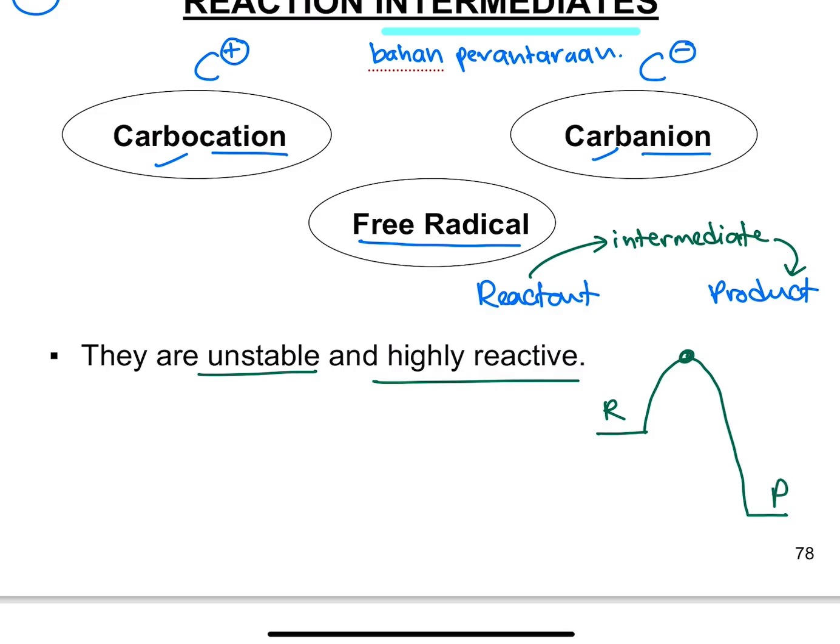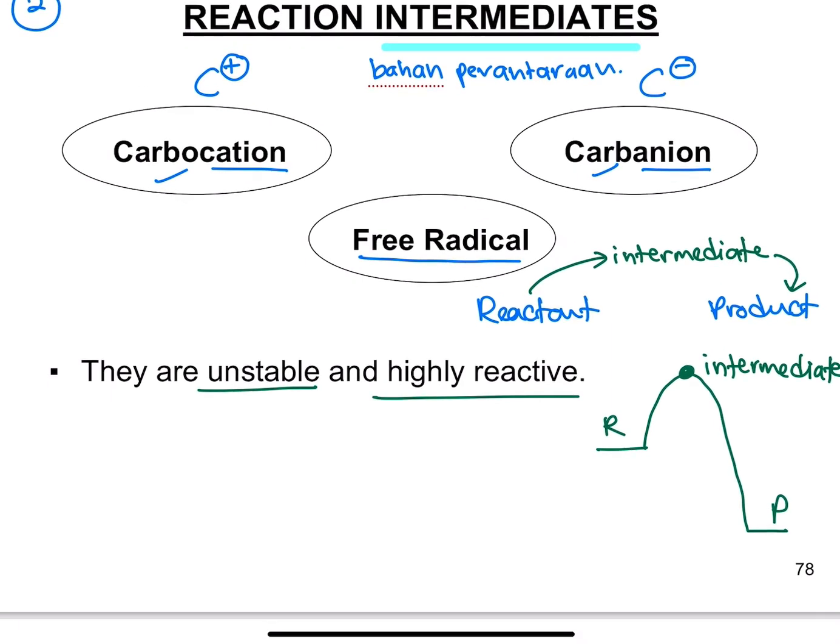So the top of the hill is where intermediates live. Same goes whether it's an exothermic or an endothermic reaction, where the turning point between reactants and products is where intermediates usually live, and they are very highly reactive and unstable.